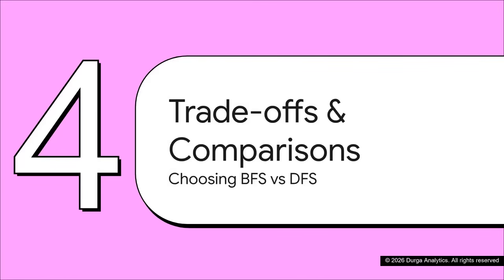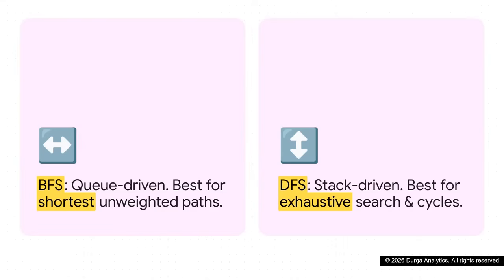Let's check out Section 4, Trade-offs and Comparisons. Listen, a software architect's job isn't just knowing the tools. It's knowing exactly when to choose one over the other based on system requirements. I really want to relentlessly reinforce this engineering trade-off for you. Both of these algorithms will visit everything that's reachable, but their exploration order dictates their utility.